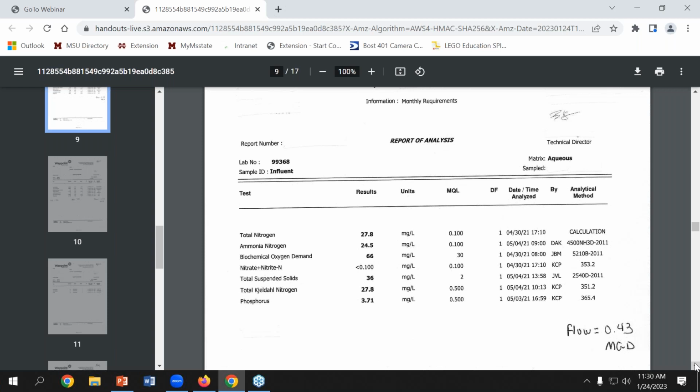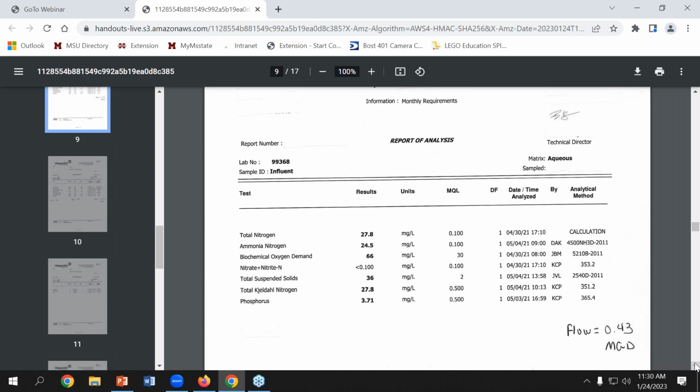And when all else fails, the permit is right. So pay attention to your permit and make sure that the DMR, as well as the information that the lab is providing you, is consistent with the permit requirements.